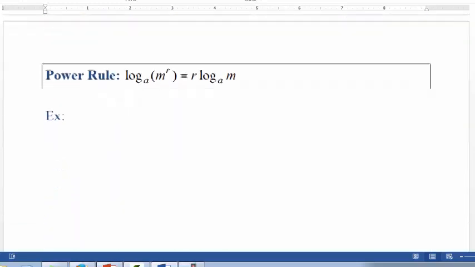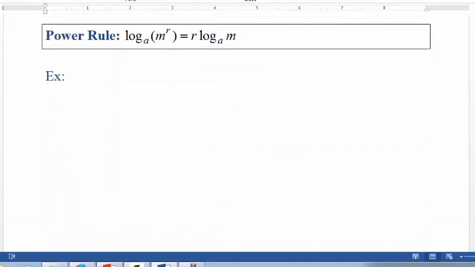And then, of course, the third one is what's referred to as the power rule. I skipped the exponent portion of the explanation in the last one. But if you recall exponent rules, remember when you had something like x to the third to the fourth? If you had a power to another power, what did you do with those powers? You actually multiplied them.